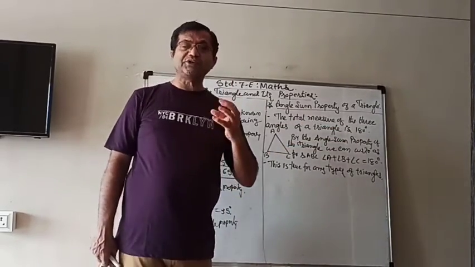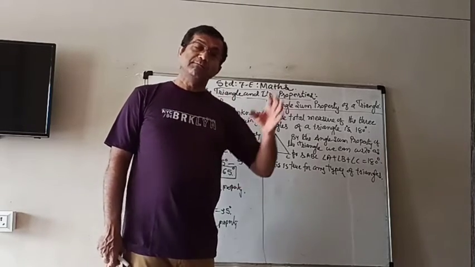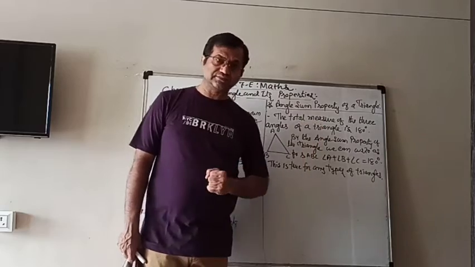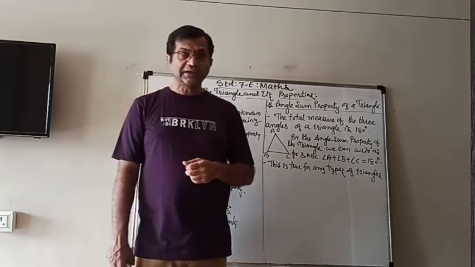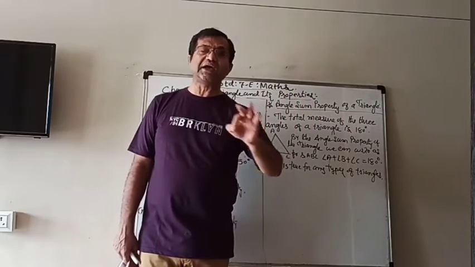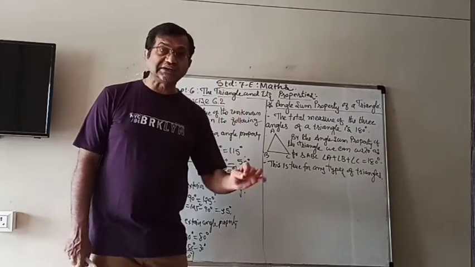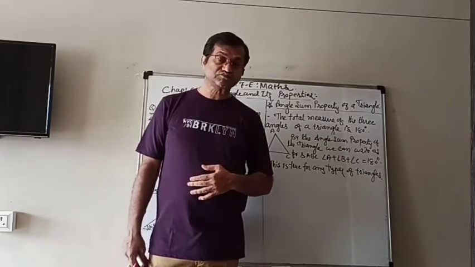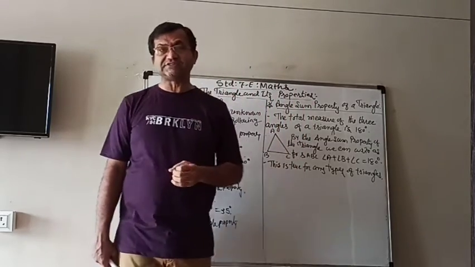It means that if you take any triangle and measure the three angles by the protractor, and you add all the three angles, your answer will always be 180 degree. Doesn't matter which type of triangle it is.